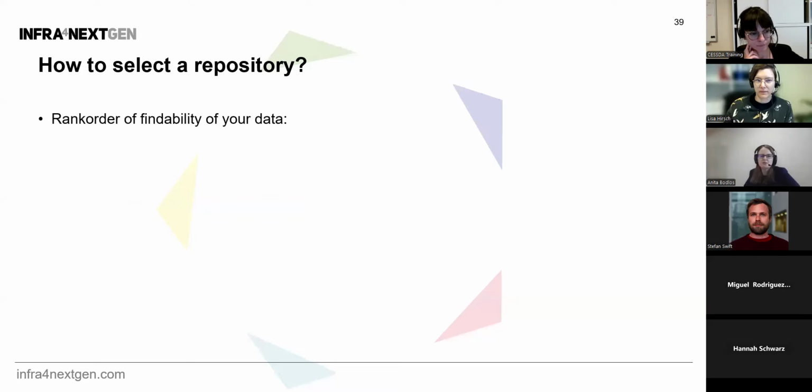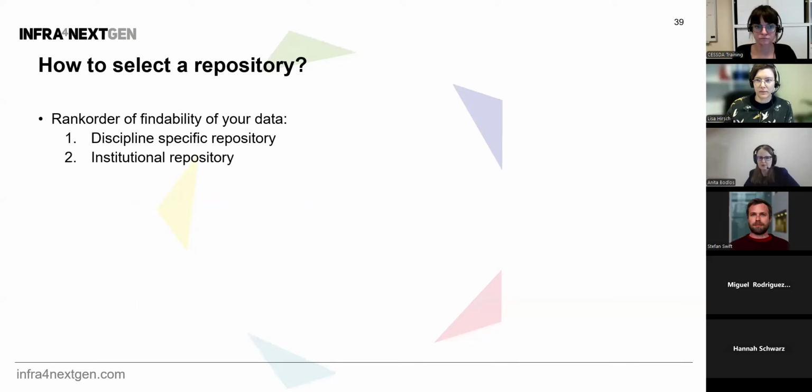The general recommendation is that your data is most findable in a discipline-specific repository. So whenever you have the opportunity to deposit your data in a discipline-specific repository, this is regarded as the first choice.